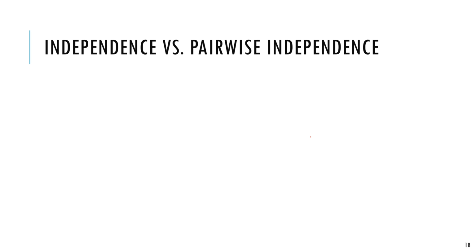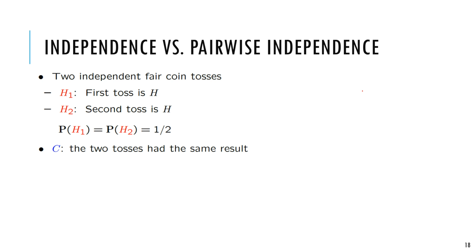Here is an example of independence versus pairwise independence. We have two independent tosses of a fair coin, so heads or tails is 1/2. First toss heads and second toss heads, the probability of each is 1/2. C is the event that the two tosses have the same result.